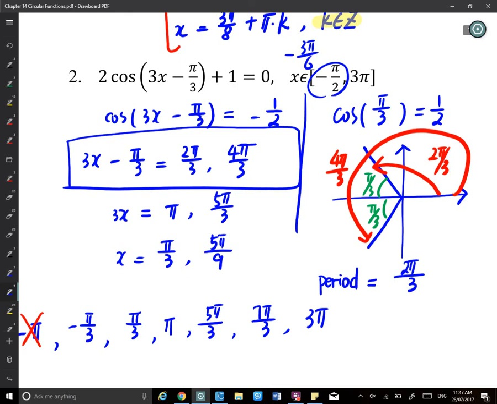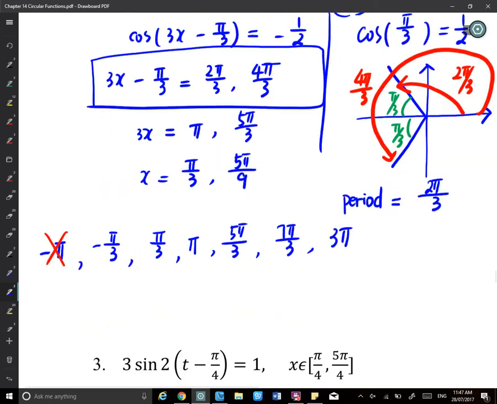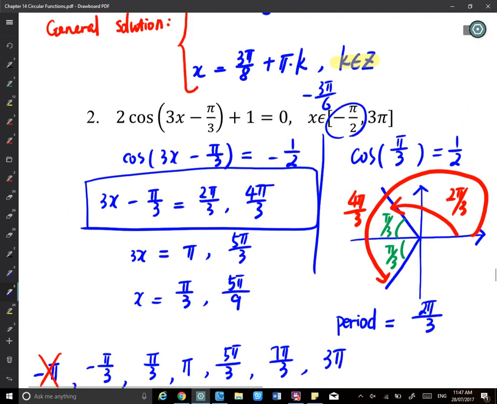If you feel that's comfortable to do, I'm fine with it. But how many values do you list out? For this one, after I calculate x and add periods on x, I know I must stop at 3 pi and at minus pi on 2. But when you start listing out all the values in this box, what value will you stop at?